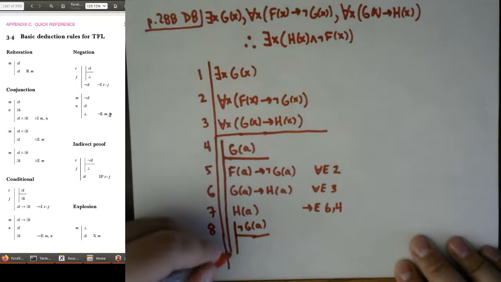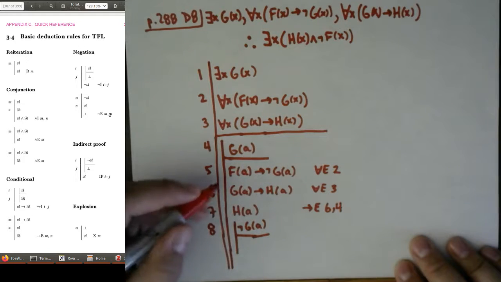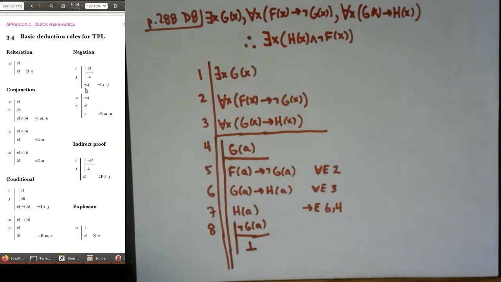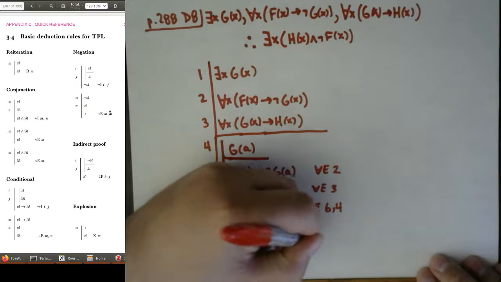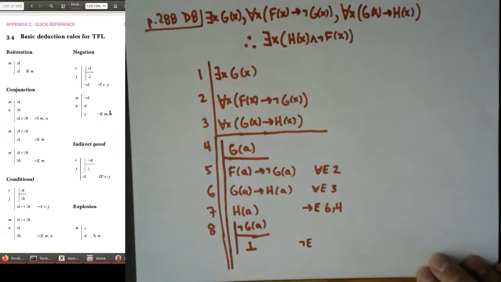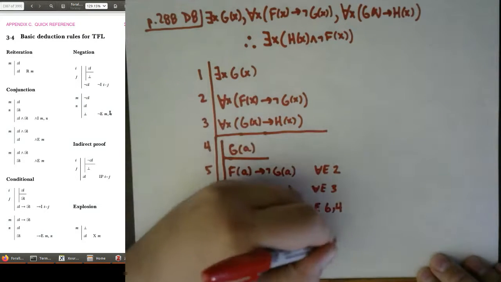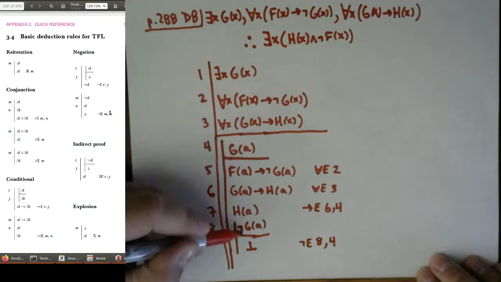I don't have to justify that. And immediately I get a contradiction, right? And that comes from this rule here, negation elimination. I cite the negation first, so cite 8, and then I'll cite 4, because I have both G of A and not G of A.